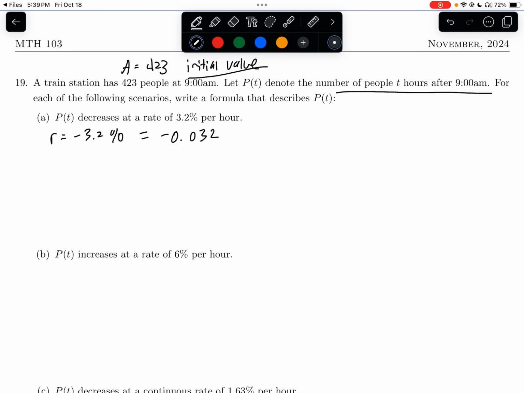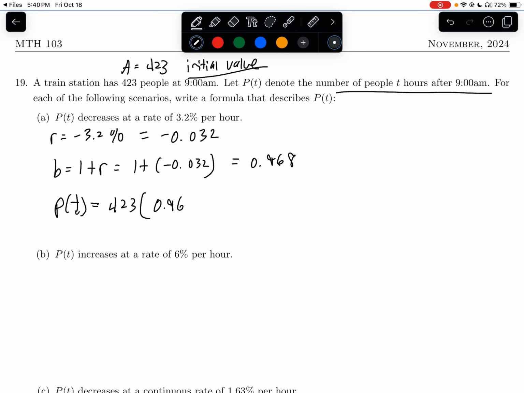And then we need to use the fact that the growth factor is 1 plus r, which is 1 plus that number, which is 0.968. So then the function here is the initial value, 423 times 0.968 to the t power.